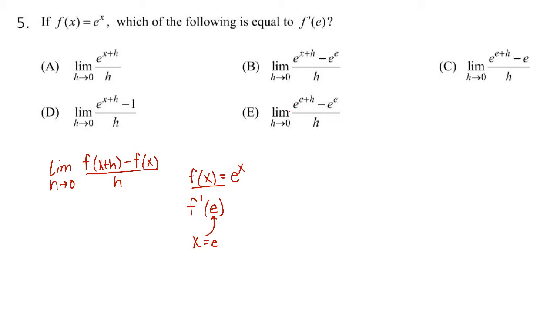Notice that I need to have e to the x sitting here where f of x is, and then I need to replace my x value with that e. Looking at my answer choices, the only one that has made the correct substitution here is answer choice E.